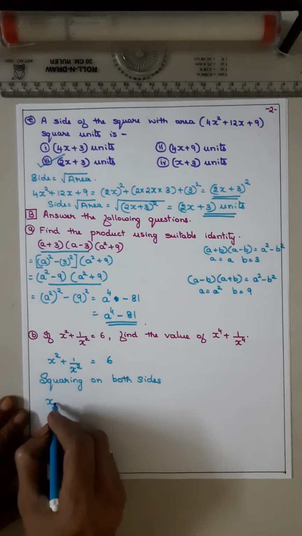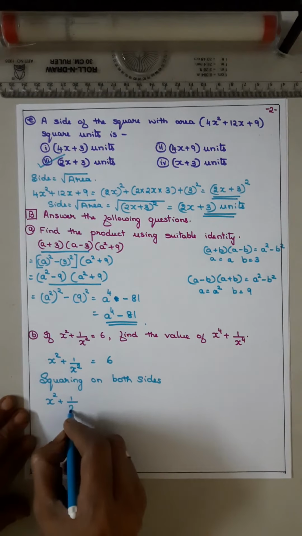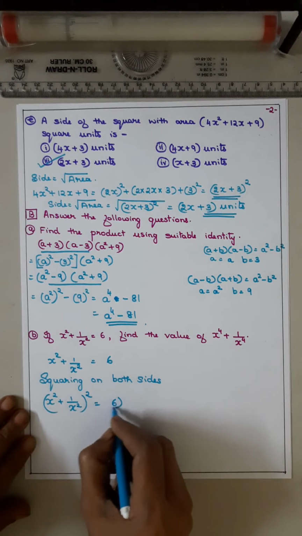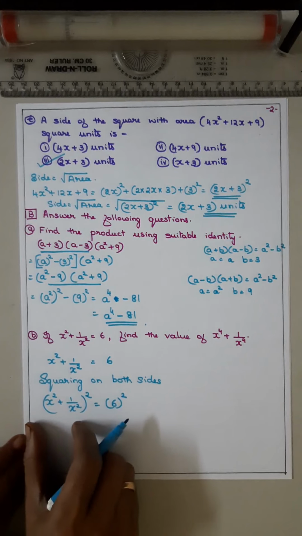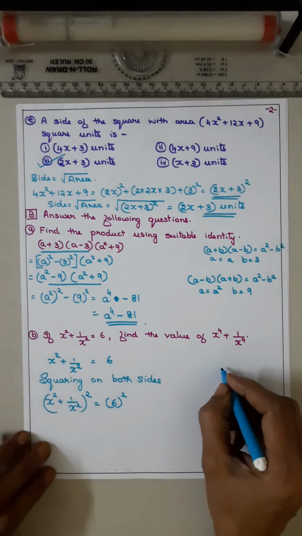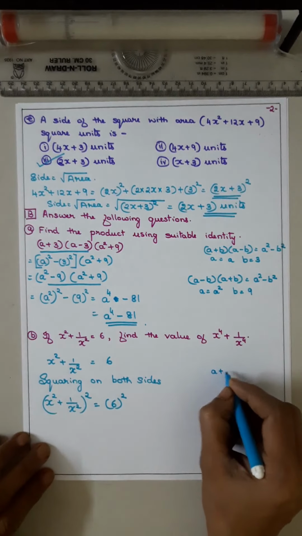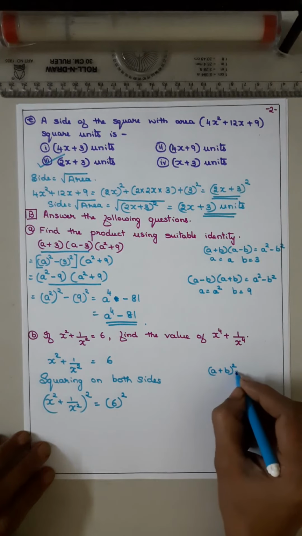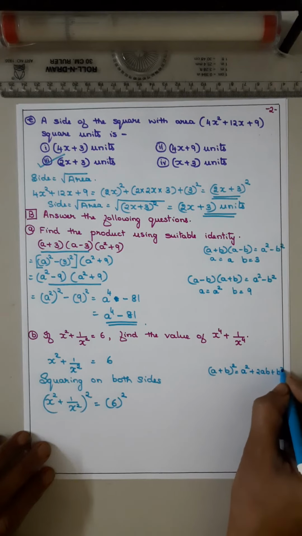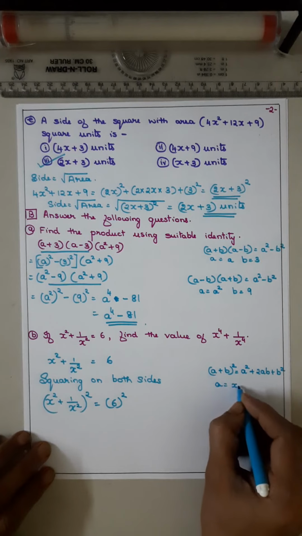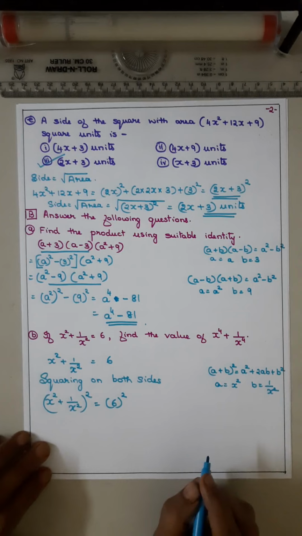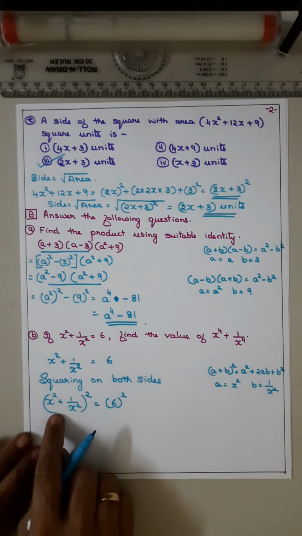This will be (x squared plus 1 by x squared) the whole squared is equal to 6 squared. Now which is the identity? (a plus b) the whole squared is equal to a squared plus 2ab plus b squared. So a is equal to x squared and b is equal to 1 by x squared. Remember the first identity.